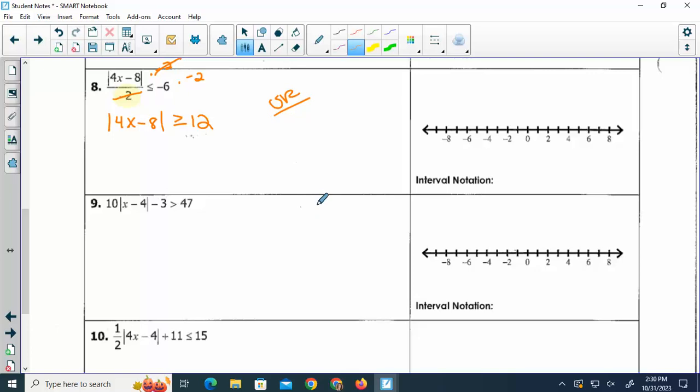Or tells us 2 separate pieces. So we have this one, where nothing changes. Or, what do we do for the second one? Flip the inequality, make it a -12.